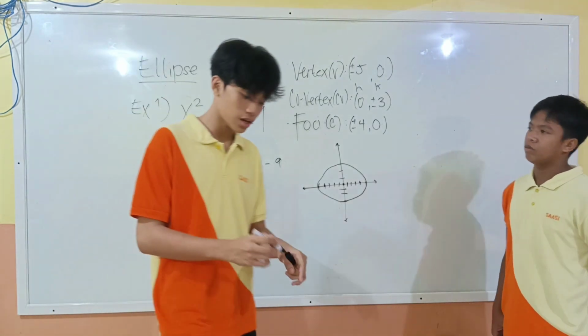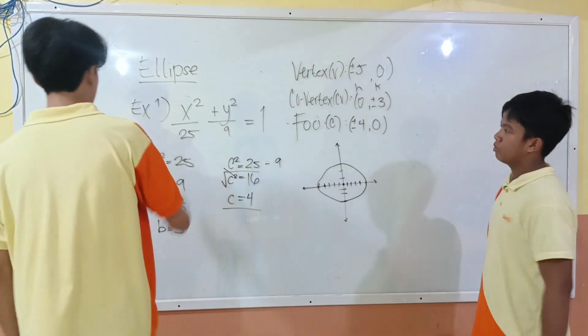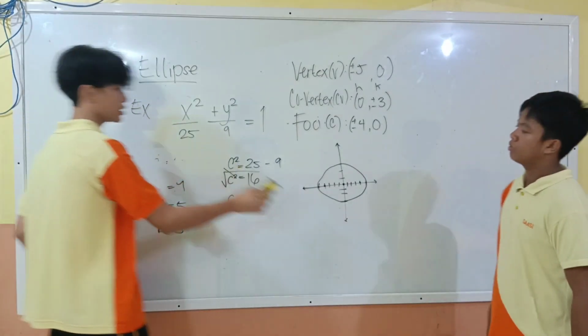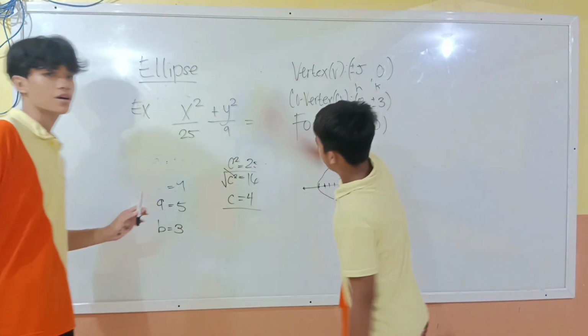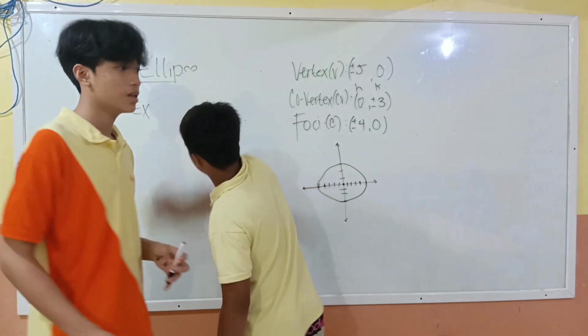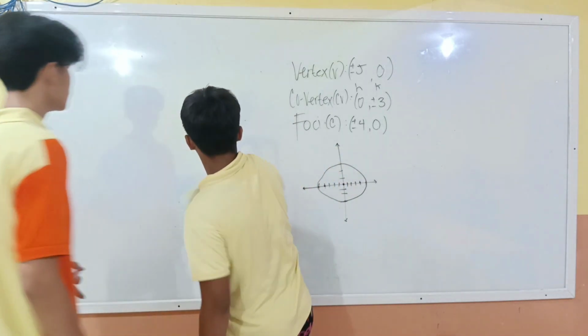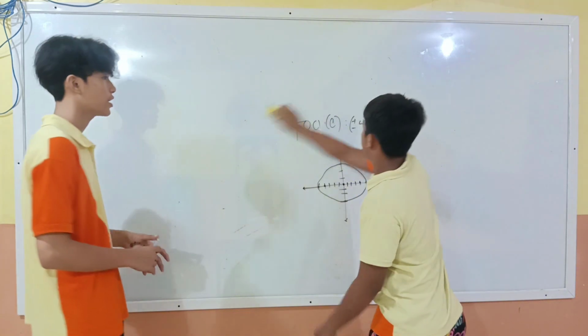Now we're going to do another equation for you to understand more. Equation number 2 would be an ellipse that would be going up. So now let's try that.